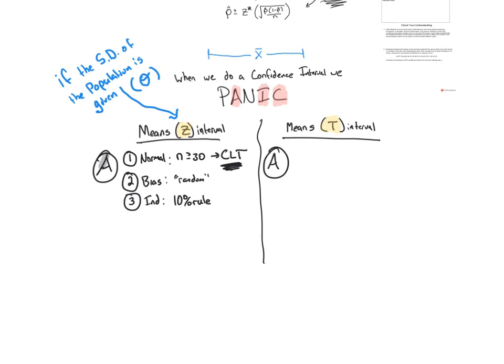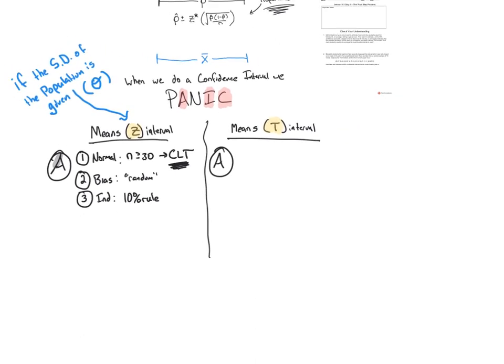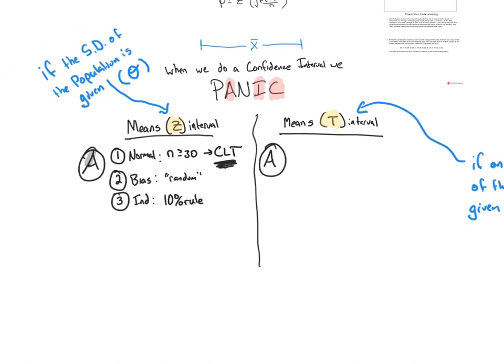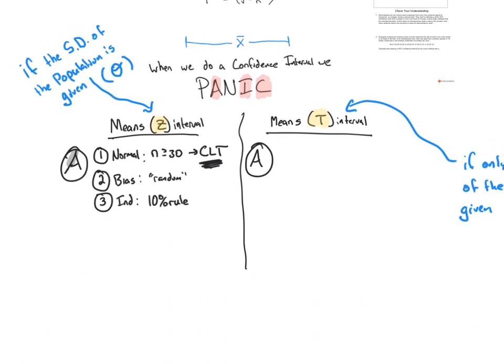If they gave me that symbol, I get to do a z interval. If they don't give it to you, if only the standard deviation of the sample is given, that's the little s value, then we're going to use a t interval. I know that's getting small on the screen, but that's the basic idea of what we're doing so far.